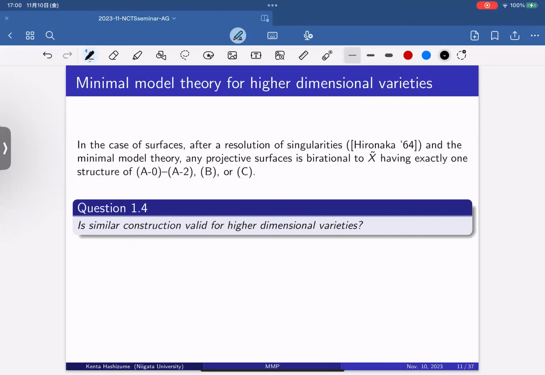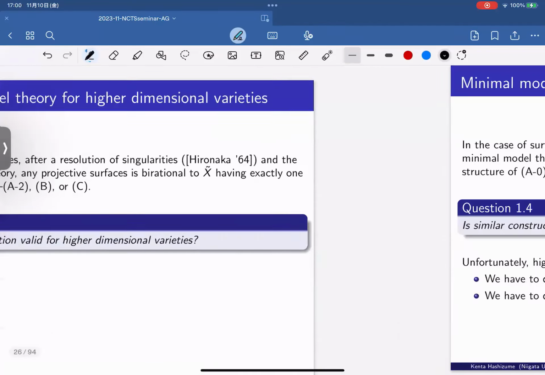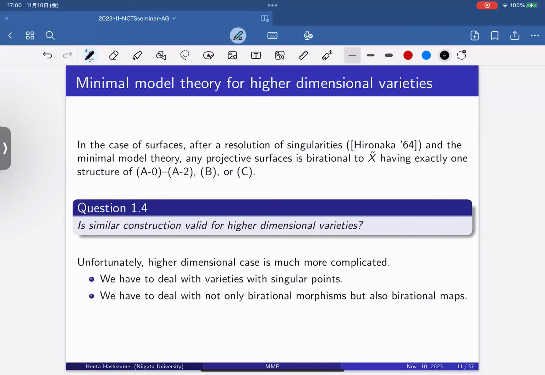Okay, this is a question toward the minimum model theory for higher dimensional varieties. But currently, this is incomplete.